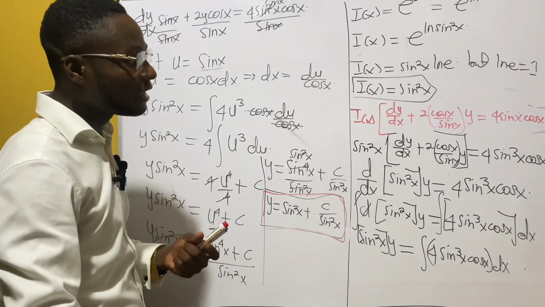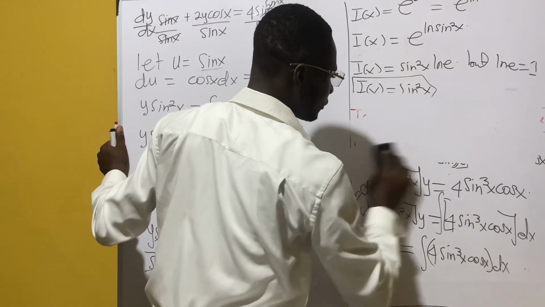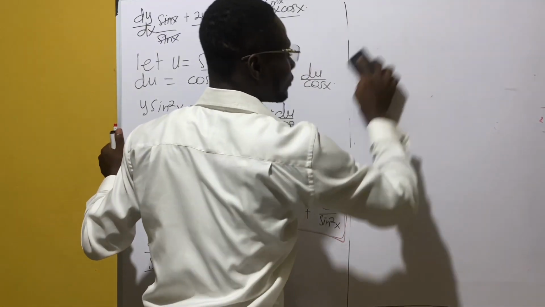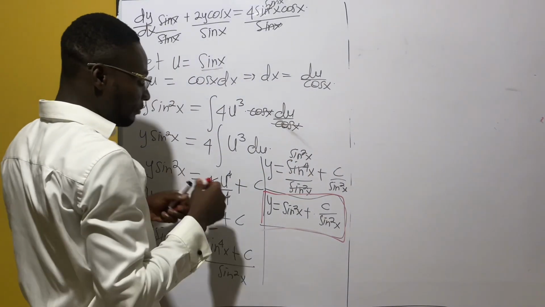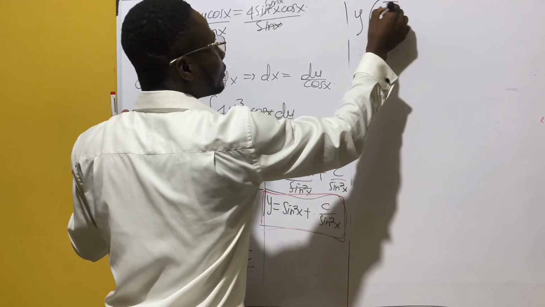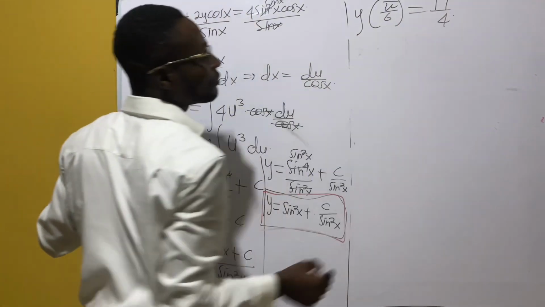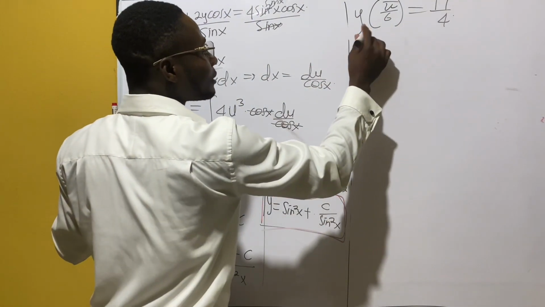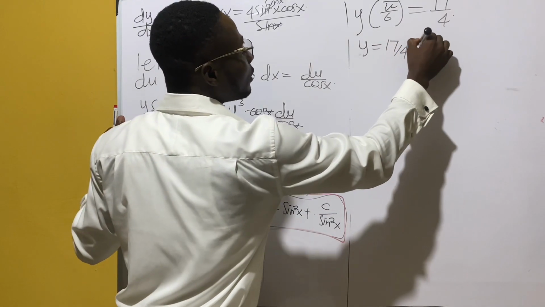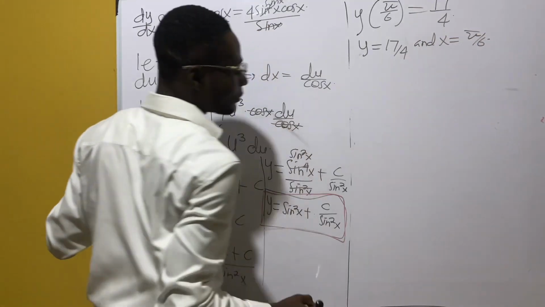Now, we have been given initials. We have been given initials to be y of pi over 6 is equal to 17 over 4, right? So this means that our y is equal to 17 over 4 and our x is equal to pi over 6, right?